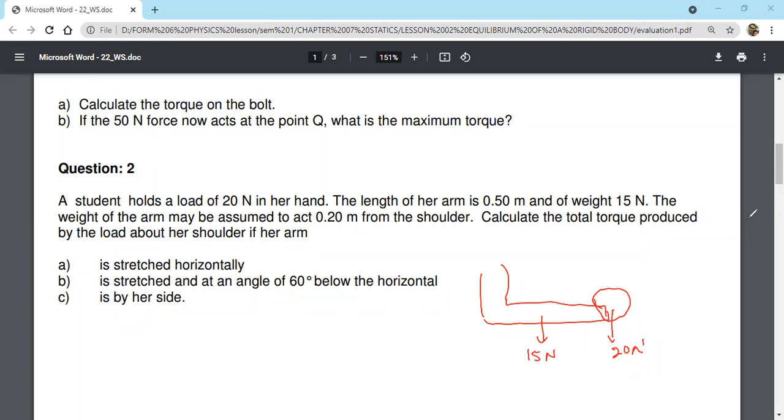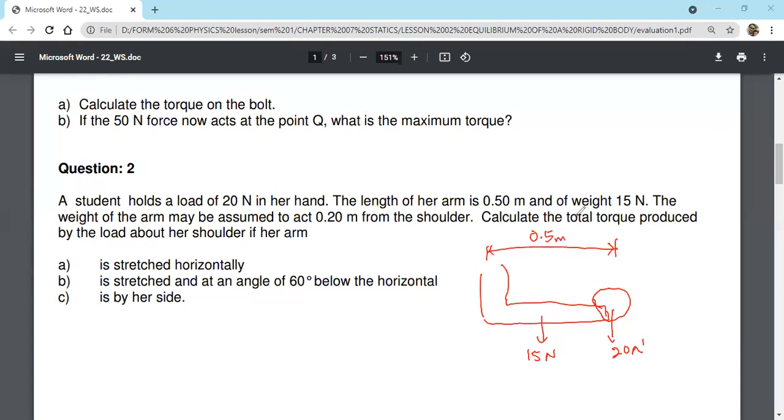The length of the arm is 0.5 meter, so the distance from here to here is 0.5 meter. And this is the weight of the arm, which always acts at the center of the arm.